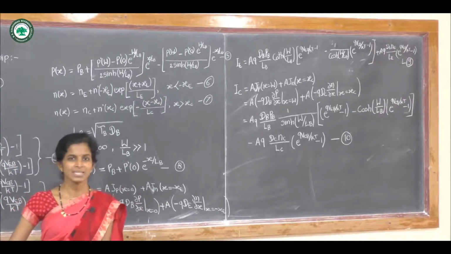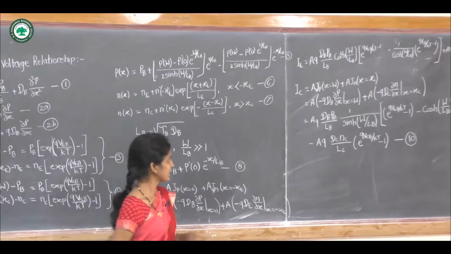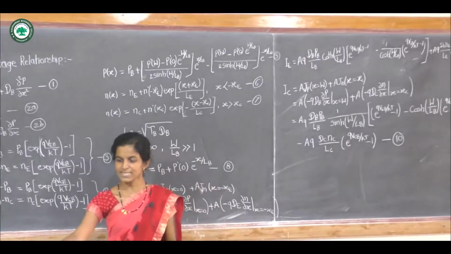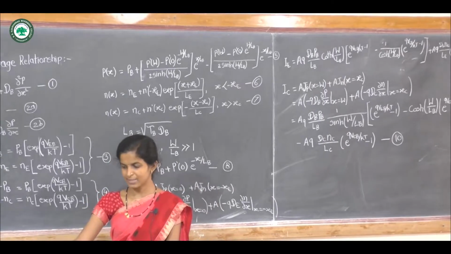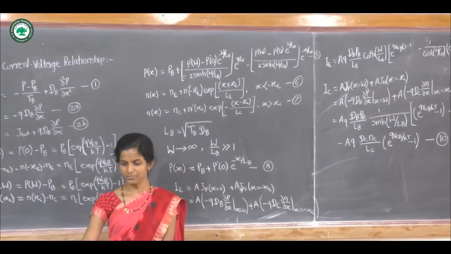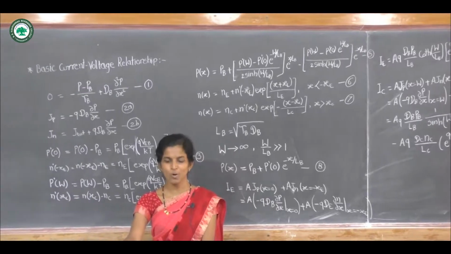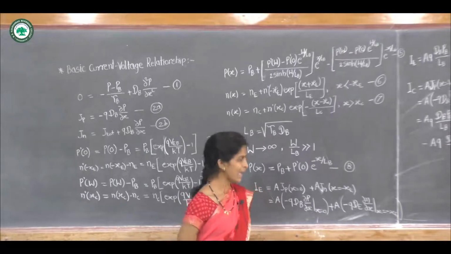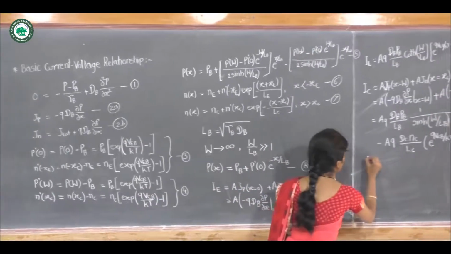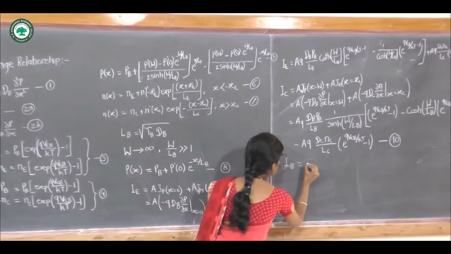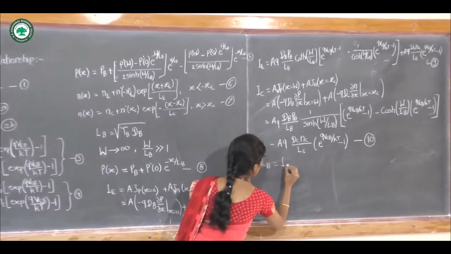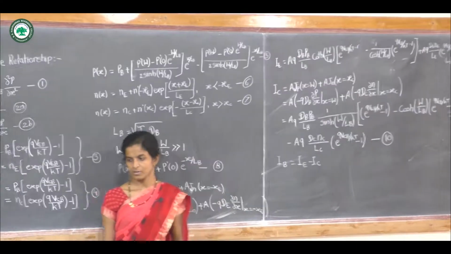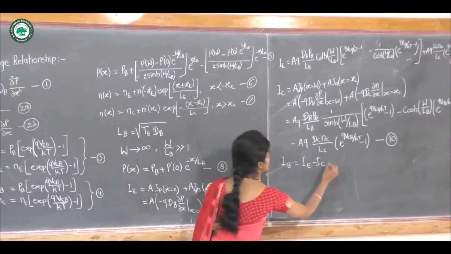In this equation the capital A is nothing but the cross-sectional area of the transistor, and the difference between the two currents is small and appears as a base current, which is given by IB is equal to IE minus IC. So this is next equation number 11.